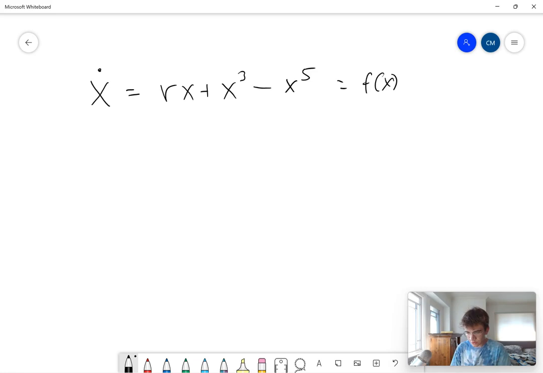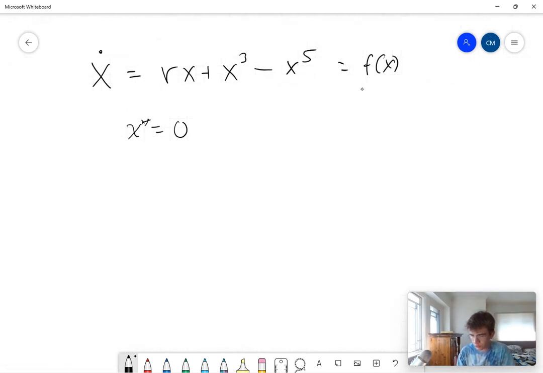Okay, so looking at this equation, I see that I have a fixed point at the origin that always exists for all values of r. So I'm going to look for non-trivial roots of f of x. Let's factor out an x here.